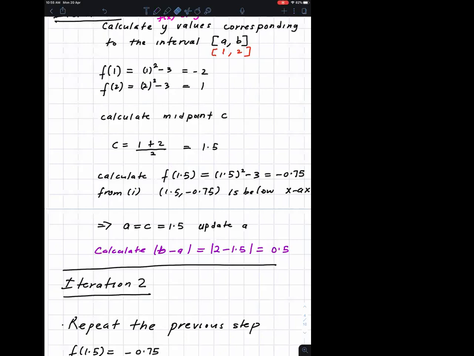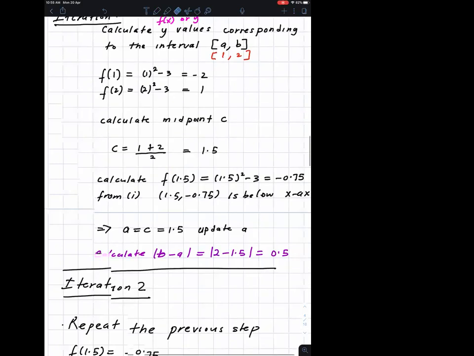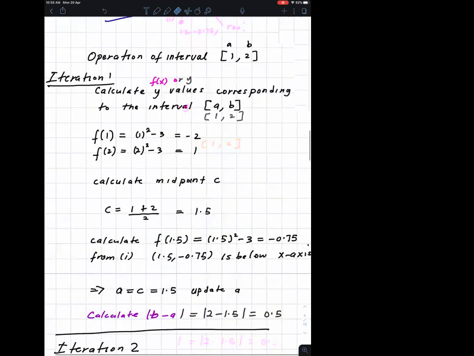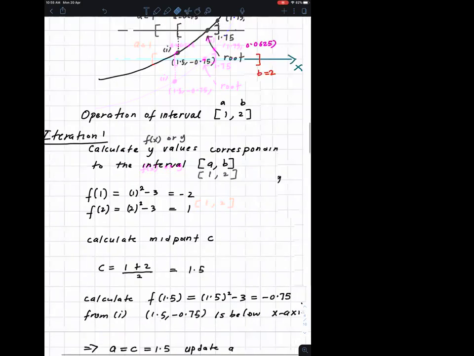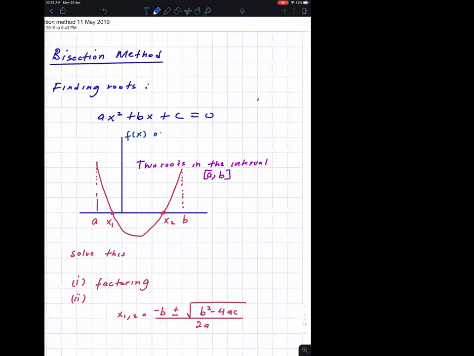So therefore I have to go ahead and write all these things as fx or y. This is x. Y also means y of x, same thing.